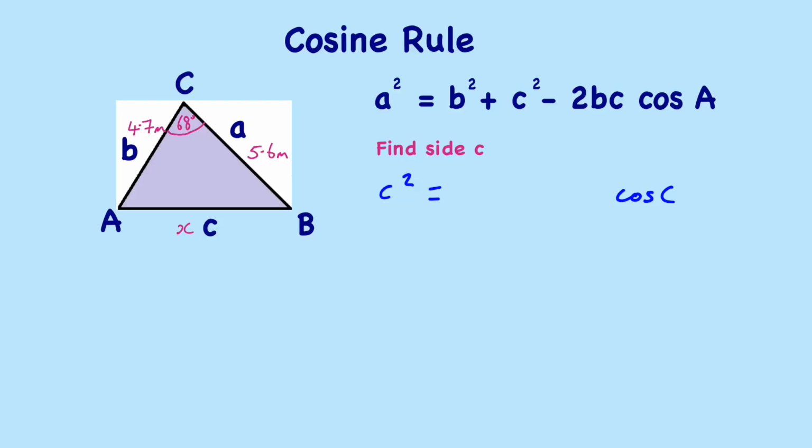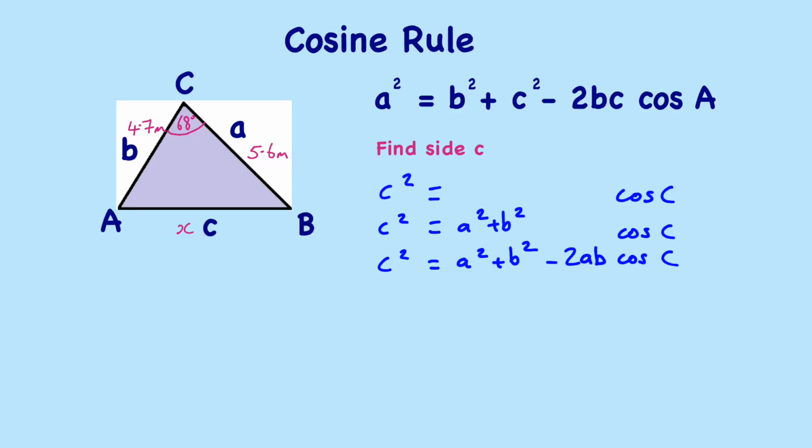We would do the same with the big angle C. From here, instead of using B and C, we would write down side A and B, and then again, instead of using B and C in this part of the formula, we would write A and B in this part of the formula.